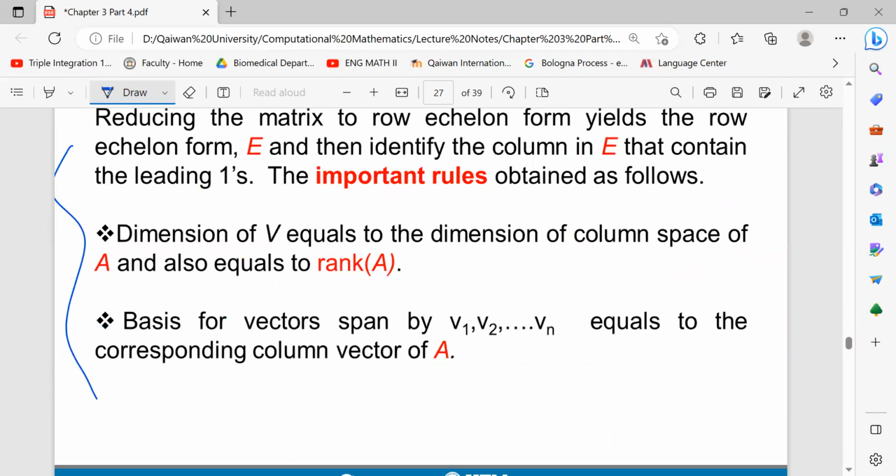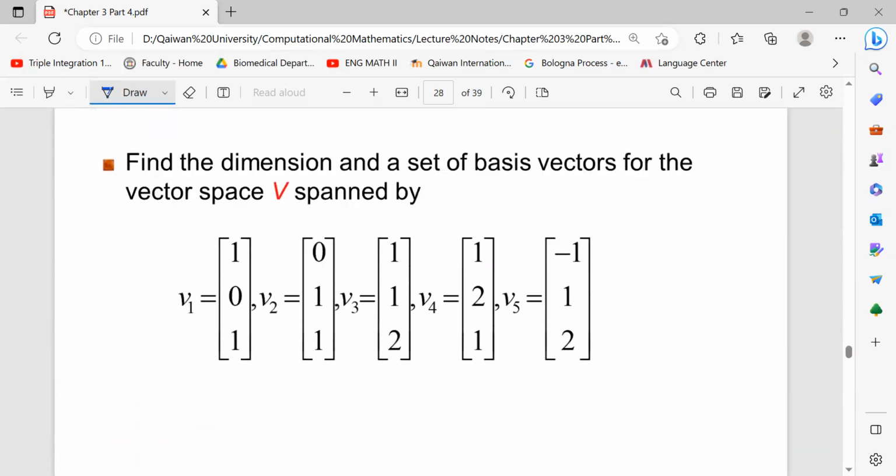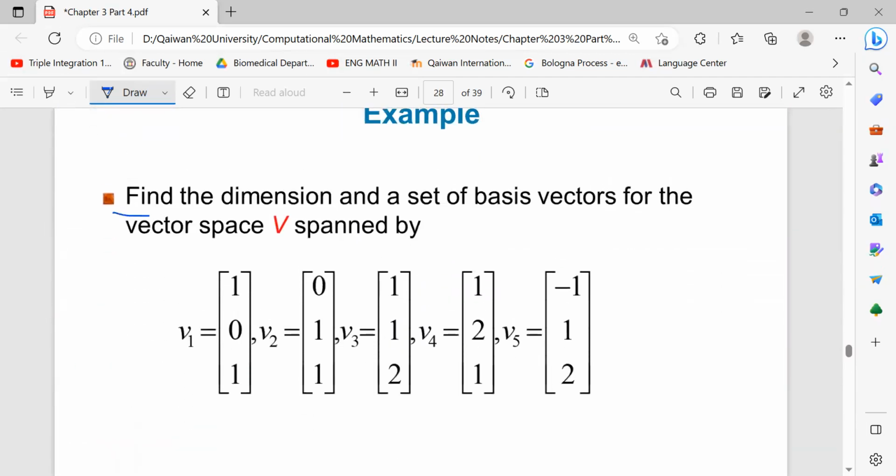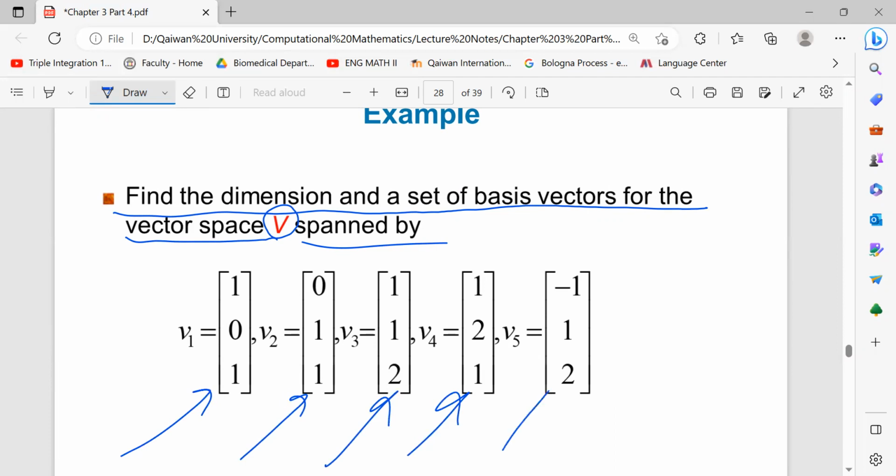Here it's the same as we did above. It says find the dimension and a set of basis vectors for the vector space V spanned by these. Look, the vectors are given as columns. Even if it doesn't say it's column space or column vectors, you should know that these are columns.